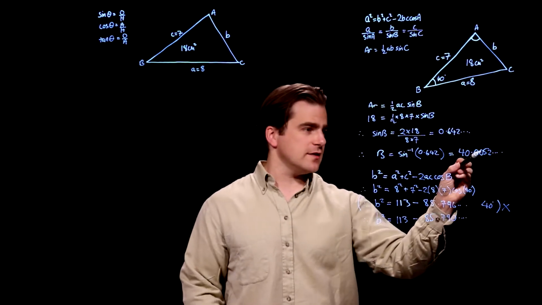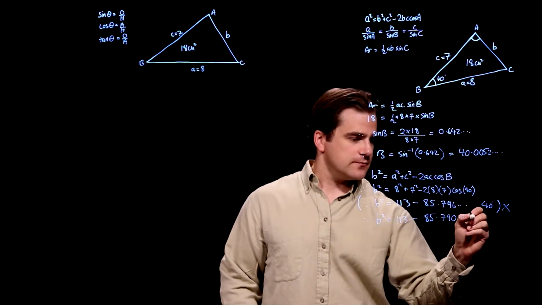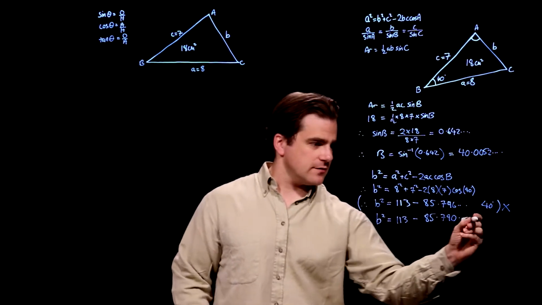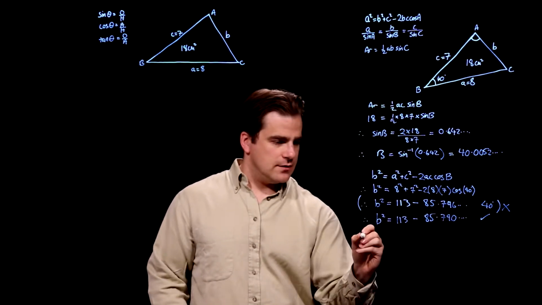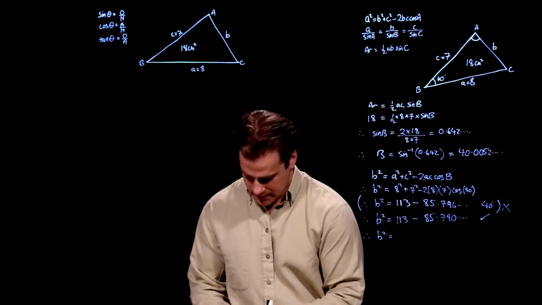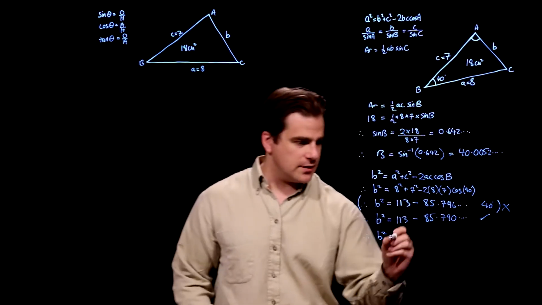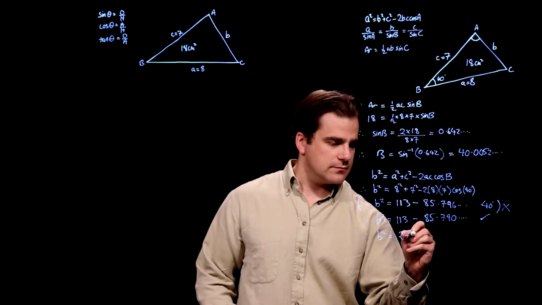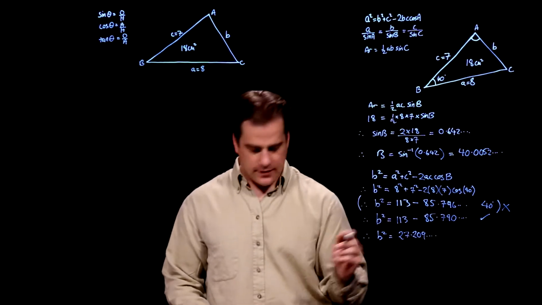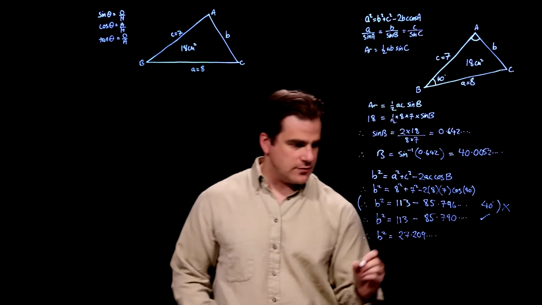So always use the exact value. Yeah. Okay, so here we are, that's correct. So that turns out to be 27.209 something, something, something. Take the square root and we get 5.216.